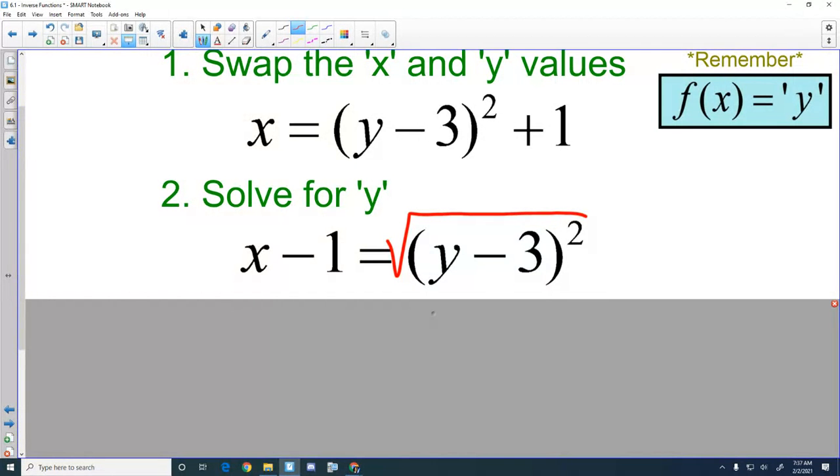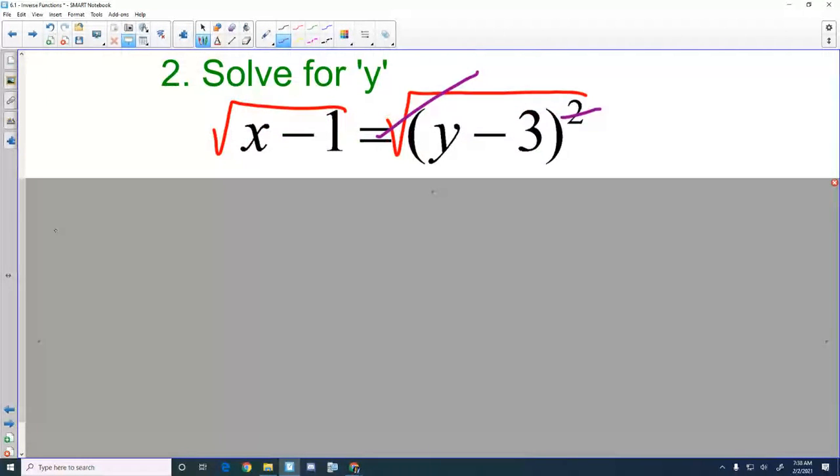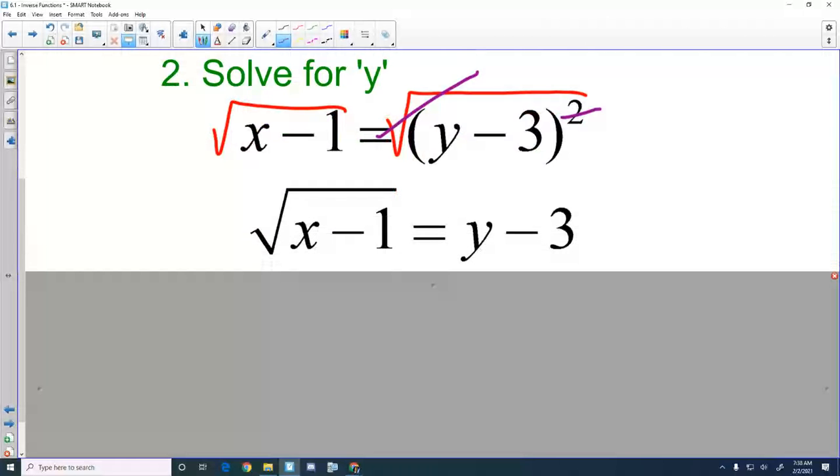That entire binomial, right? So it's the square root of x minus 1. And then over on the right side, that square root and the square, those are opposite operations, so they cancel out. And here's our equation.